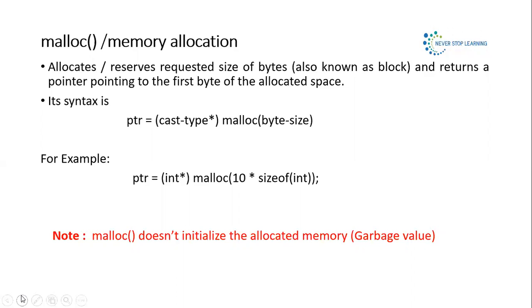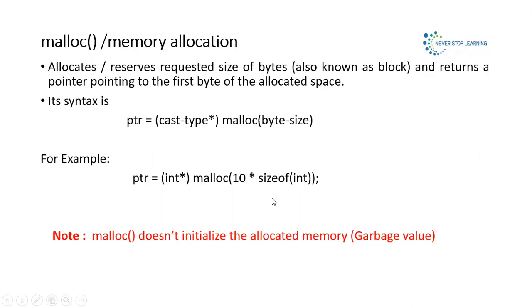Here as you can see, I'm writing the pointer ptr, and this malloc function will give some bytes of whatever size the user requests; that much bigger block will come from here. And this cast type is the data type of the pointer that is being created. For example, let us suppose we are dealing with integers.